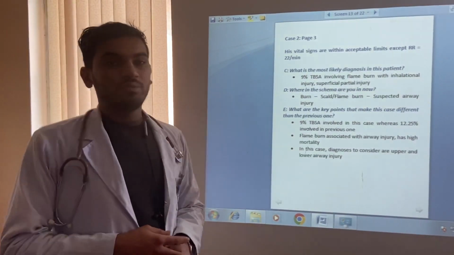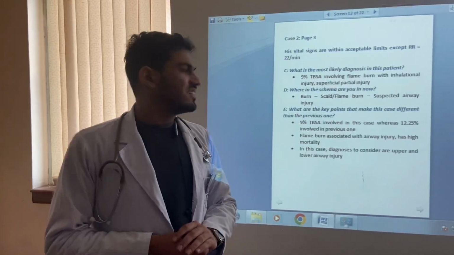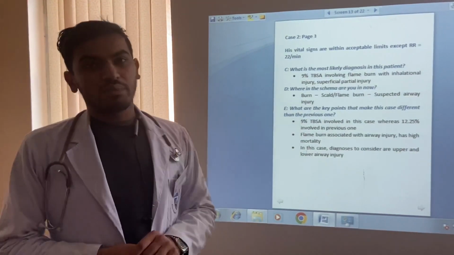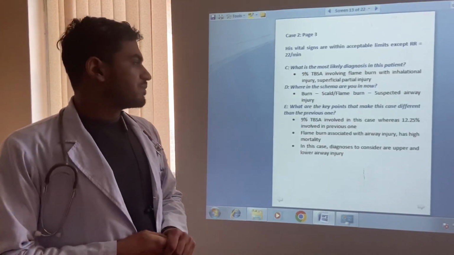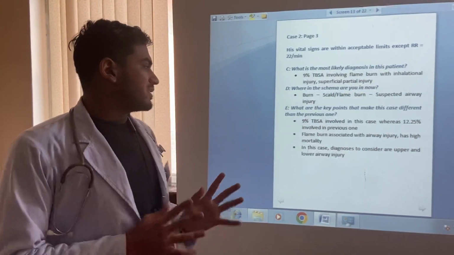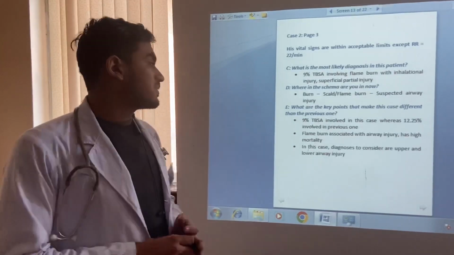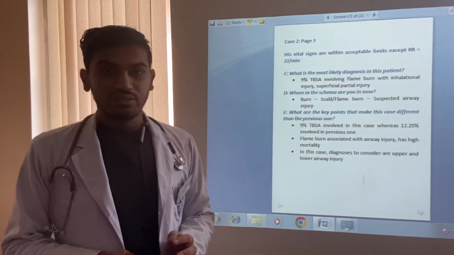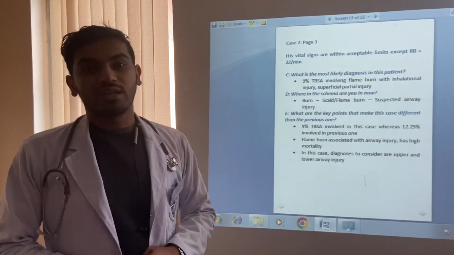And what are the key points that make this case different from the previous one? In the previous one, there is involvement of 12.25% of the body surface area, but in this case only 9% of the total body surface area is involved. And the flame burn associated with airway injury has high mortality.